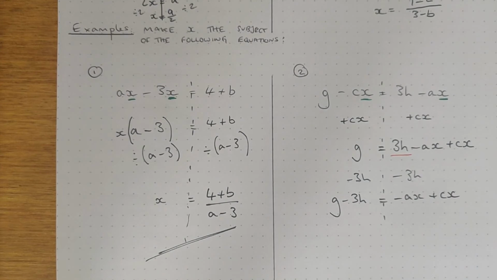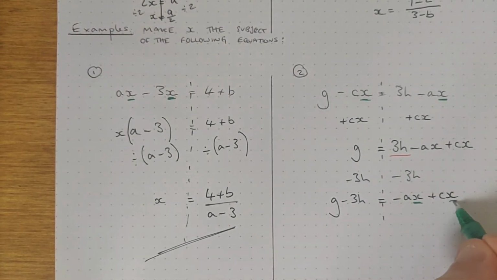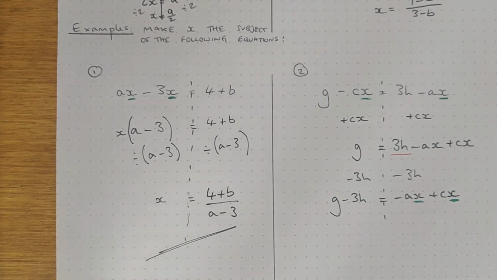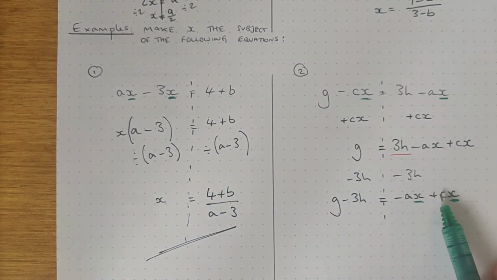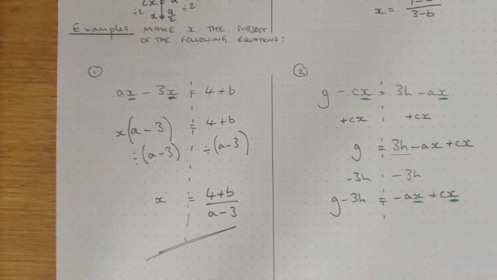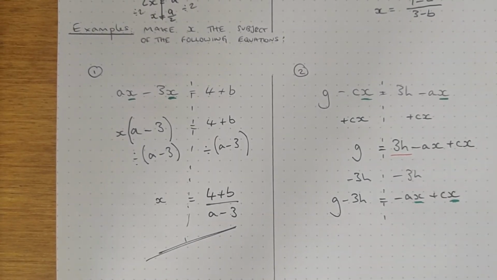Okay? Now I'm starting to get to a point where I've got my x's on the same side, and I've got a situation where I can't combine them. I can't add c and negative a. I can't do that easily. And so at this point, to isolate the x, I can start thinking about how I factorize this side of my equation.